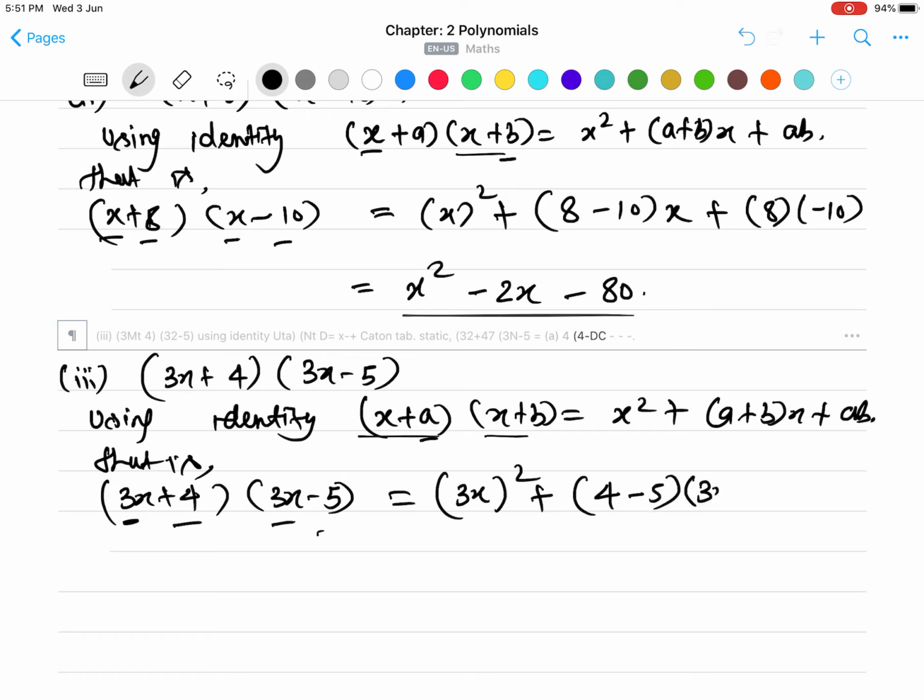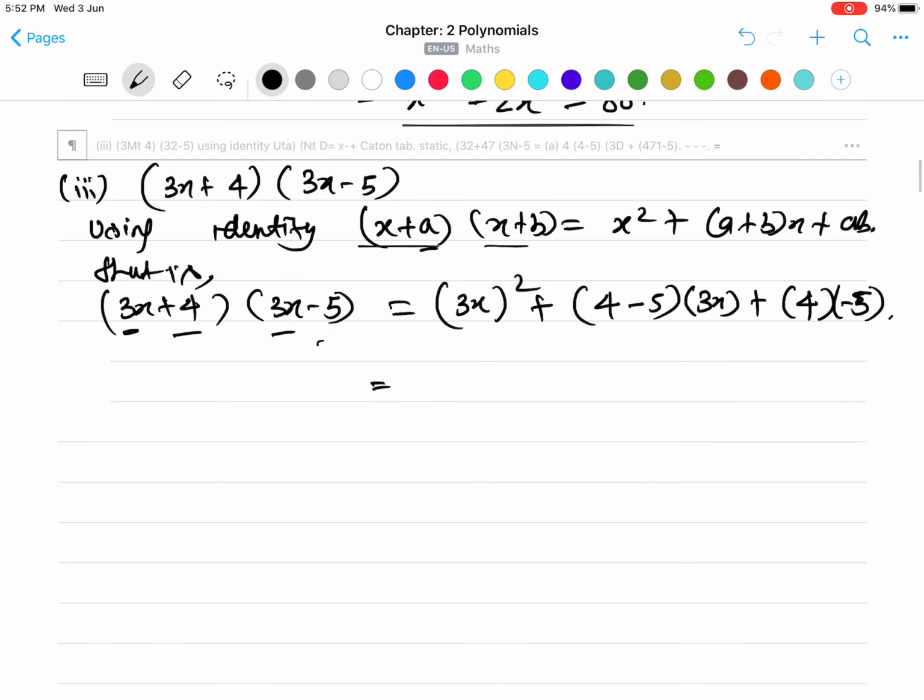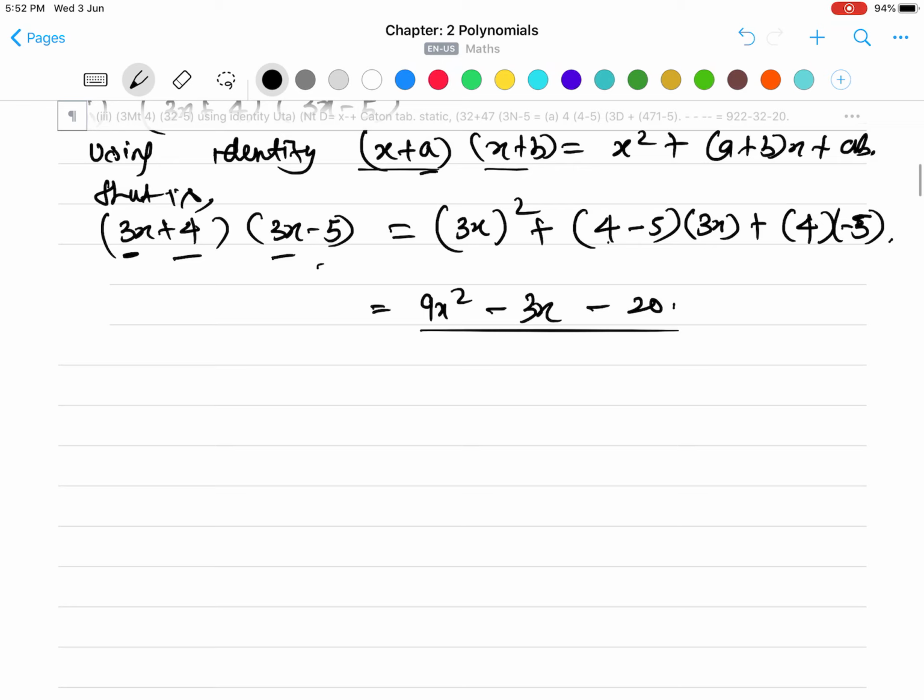Then x here is 3x, then we have ab, again a is 4 and b is -5. So after solving it, you will get (3x)² will be 9x². This 4 minus 5 will be -1, -1 into 3x will be -3x, and this 4 into -5 will result into -20. Okay, so that's the solution of part 3 of question number 1.